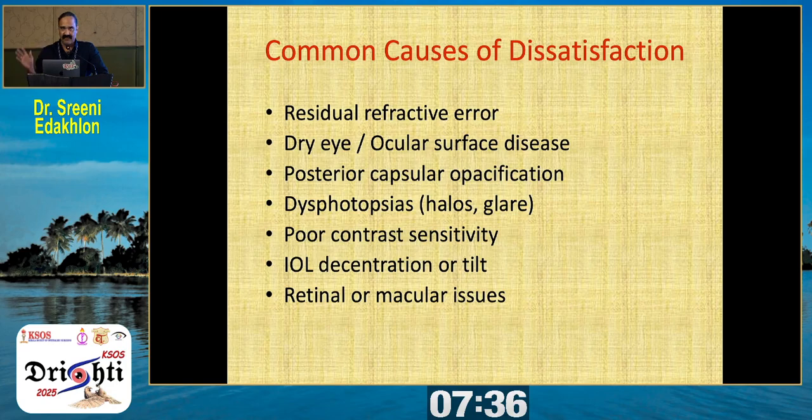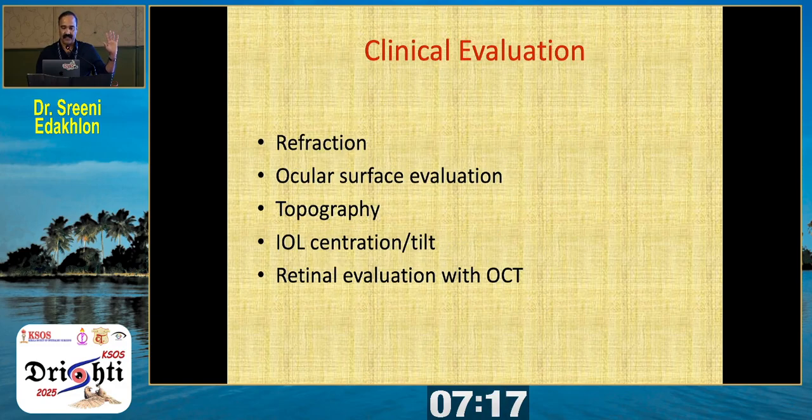Dry eye and ocular surface problems are again a major issue. PCO, dysphotopsias, poor contrast sensitivity, Minu talked about IOL decentration, retinal macular issues and all. So these are the issues that are going to cause dissatisfaction.